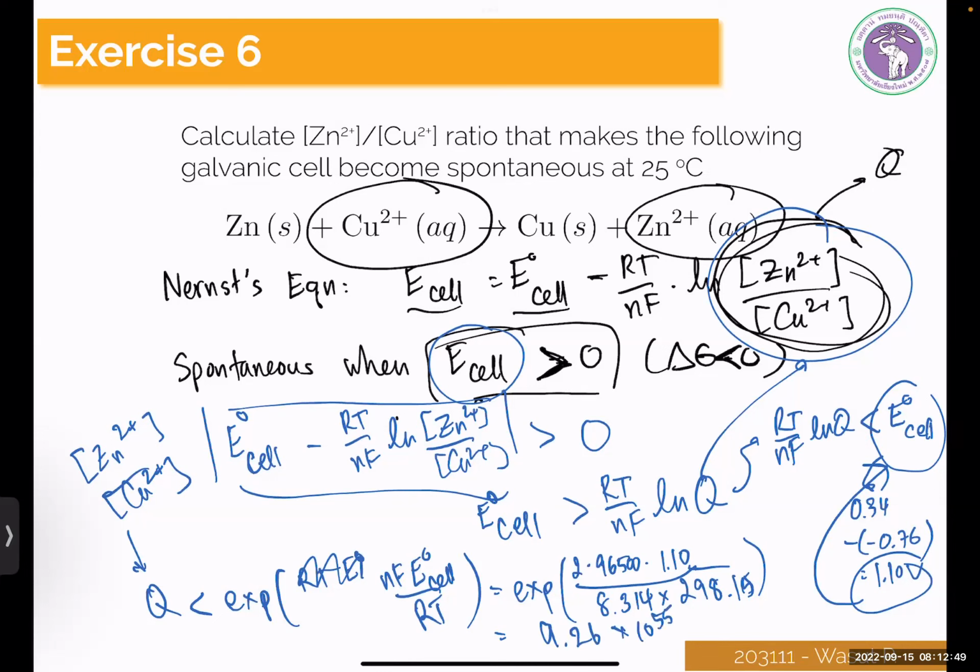Okay, that's quite a lot of number. No, sorry, I think I'm wrong. I think I put in the value incorrectly in my calculator. Well, still quite a large number. It's actually 1.57 times 10 to the 37. Okay, so that's the answer right here. 1.57 times 10 to the 37.